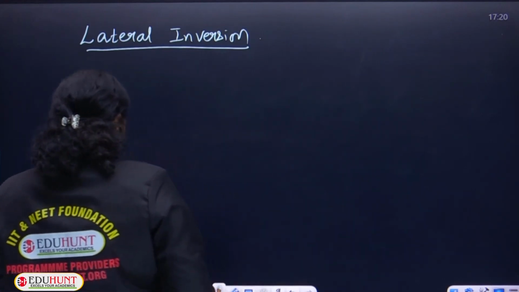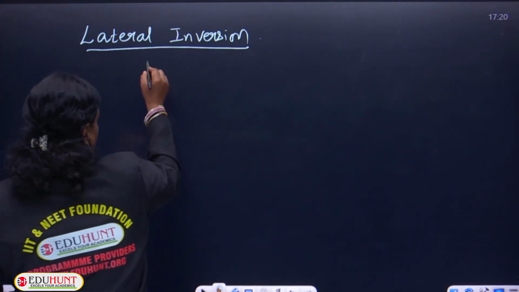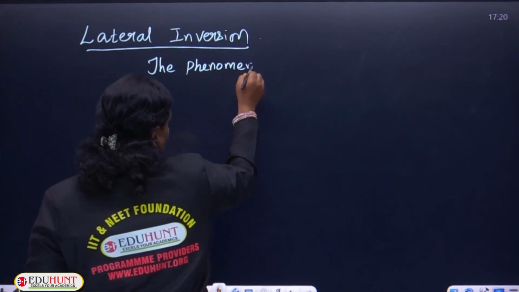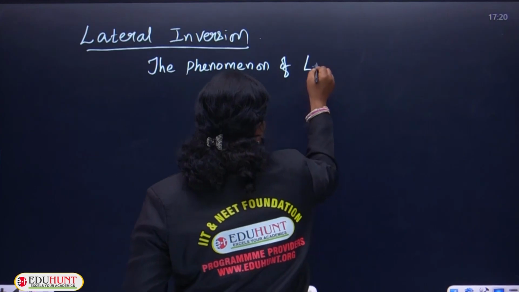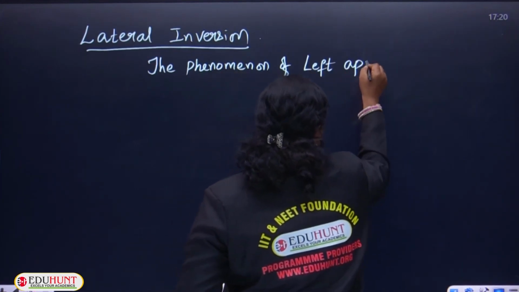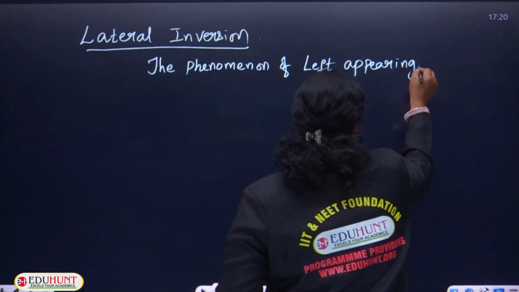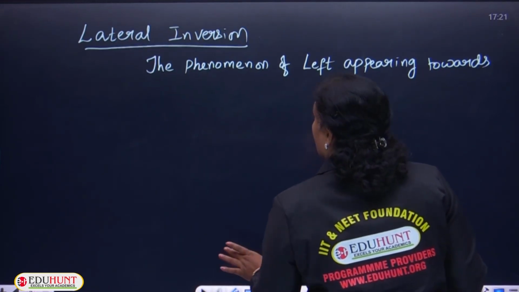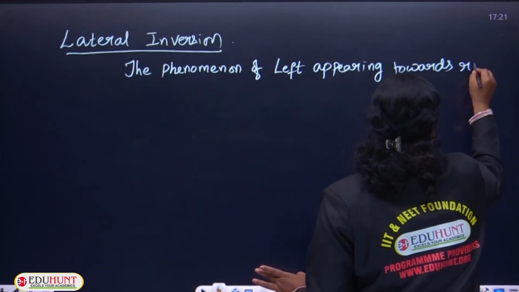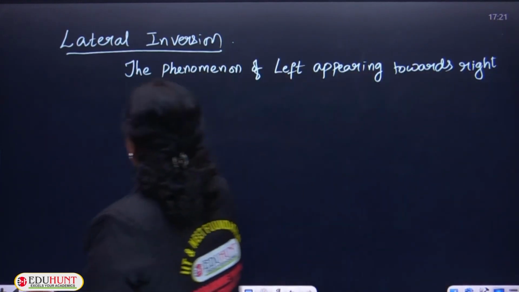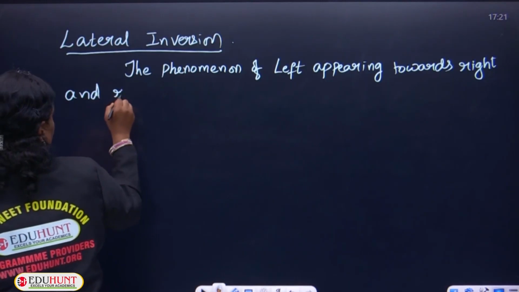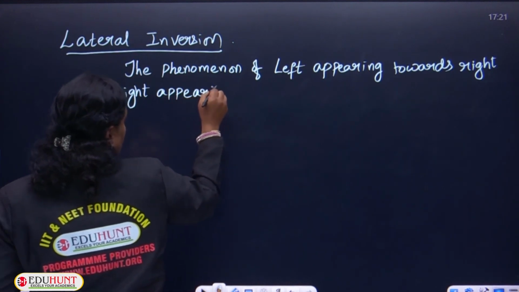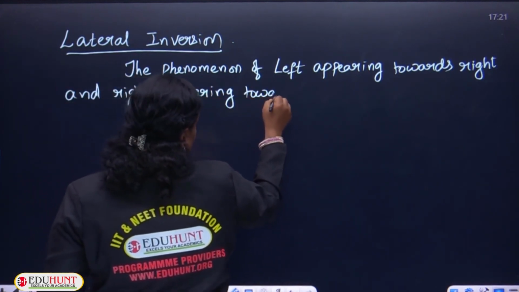Okay, children. So let me write the definition. The phenomenon of left appearing towards right and right appearing towards left.